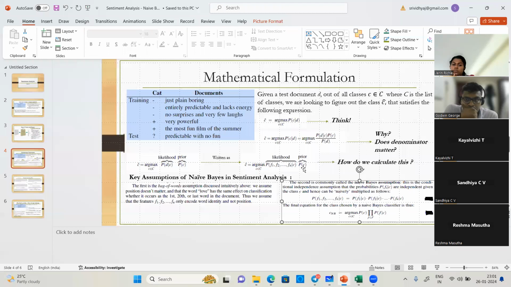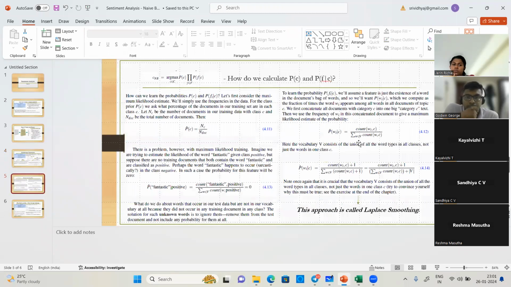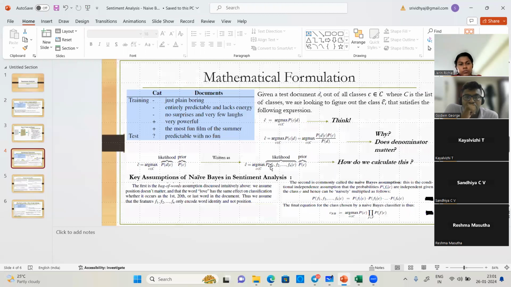Now the final thing we need to do is, how are we going to calculate P of F given C now? So look at the formula, folks. Here we go. I need this P of C and then this whole thing in the bracket.